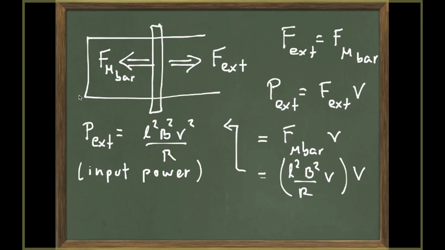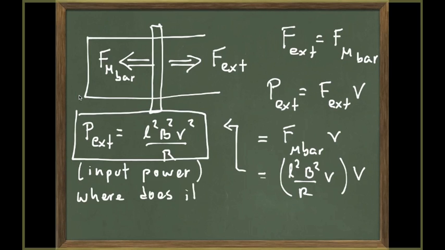Now, where is that energy going? I'm putting energy into the system by applying a force over a distance. Where did that energy go? It should be thermal energy, because when you do that, you get a current flowing.